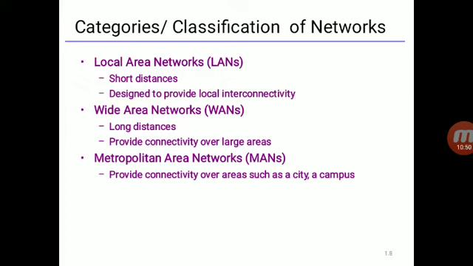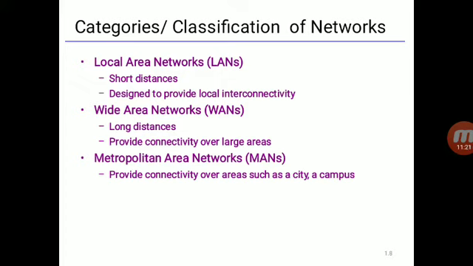If we consider the distance-wise also, LAN we can consider within 100 meters. Then metropolitan area network, we can consider it more than 100 meters to a few kilometers. So let us consider that your office is in one area, then your second office is in another area in the same city, and that gets connected, we may call it a MAN.